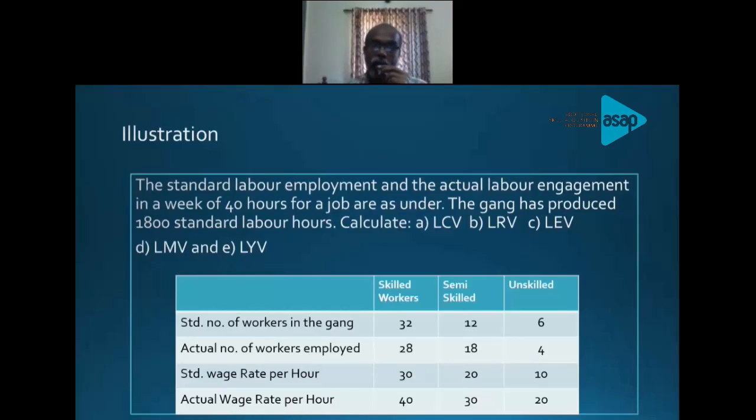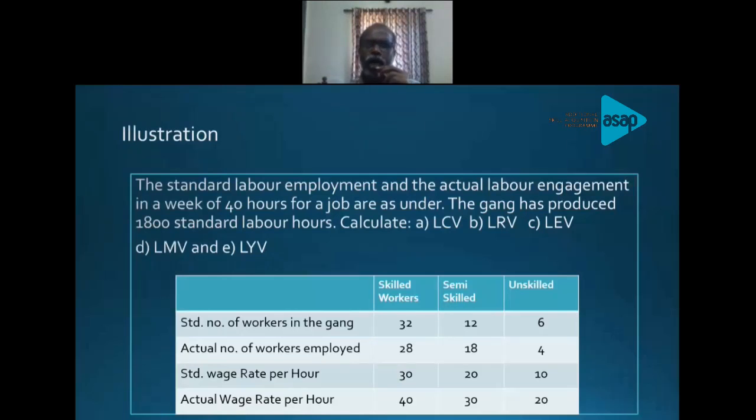That must be highlighted: a week of 40 hours. The gang has produced 1,800 standard labor hours. That must also be underlined. This is also very important for solving the question. I shall explain it while solving the question.